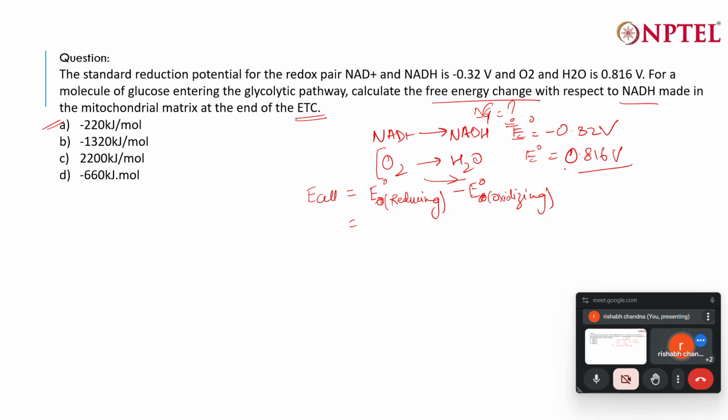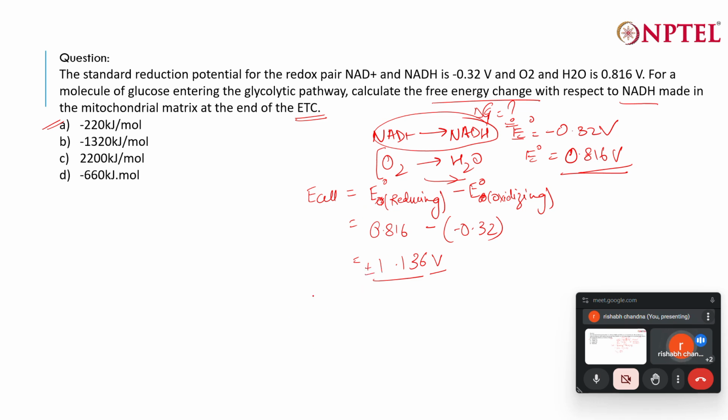So its reduction potential is 0.816 volt. Now, NADH is the major molecule that is actually oxidized in the ETC, so it will be the oxidizing partner. So the net reduction potential of these two molecules would be 1.136 volt. Okay, this would be a positive value.